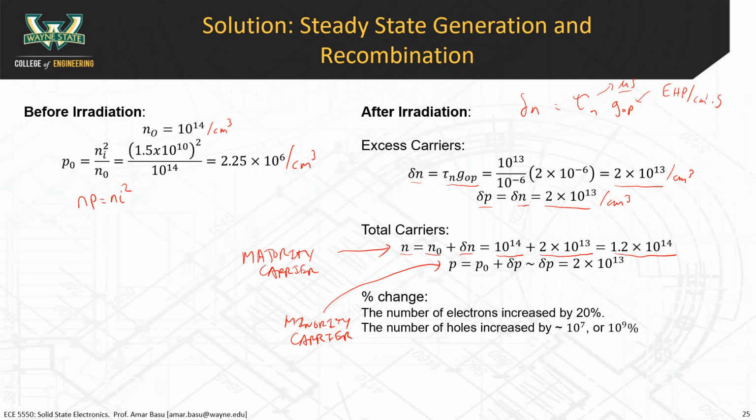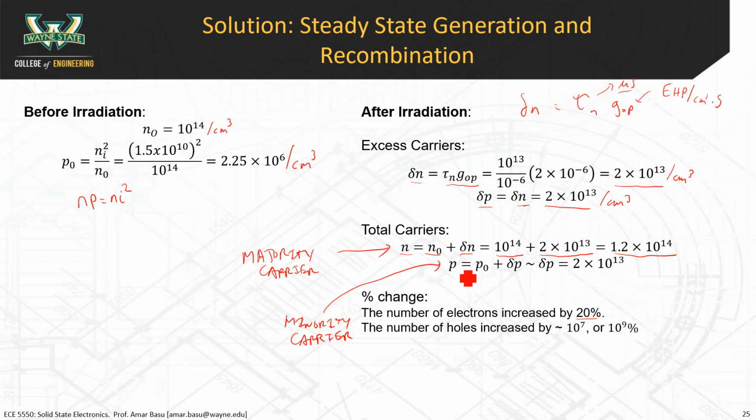So the electrons are the majority carrier, and we've created some excess, and you can see that the electrons increased by about 20%. You started off with 10 to the 14th here, you can see here on the left, and after adding the light, it went up to 1.2 times 10 to the 14th. So the number of electrons increased by 20%.